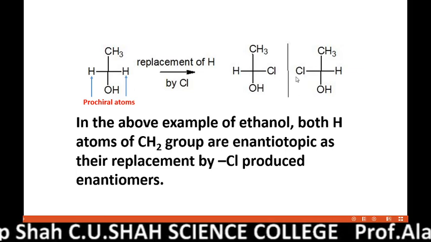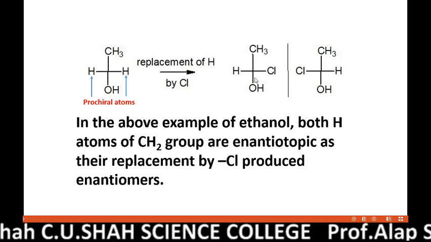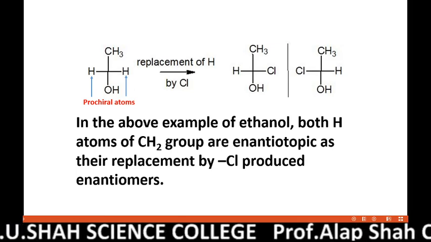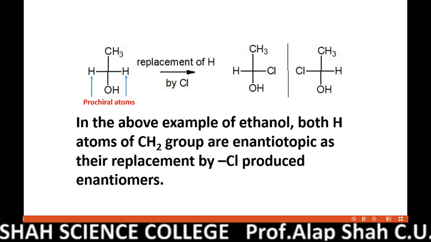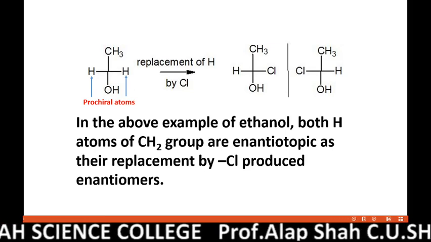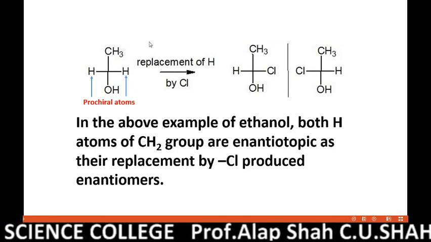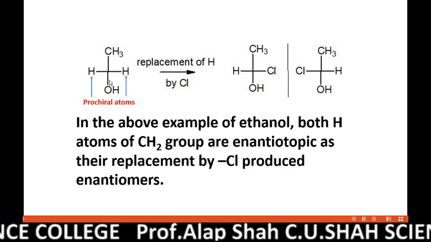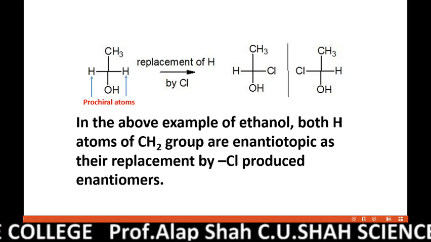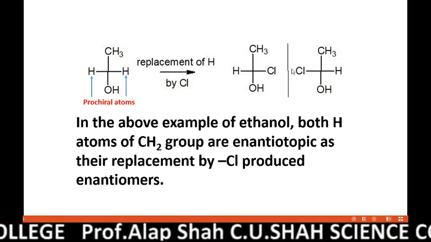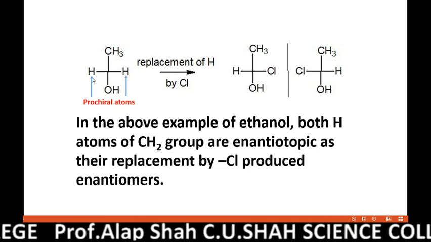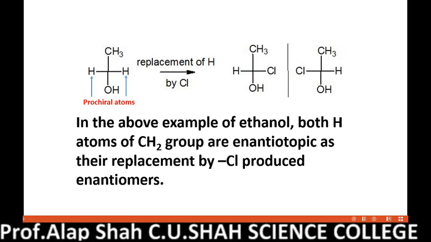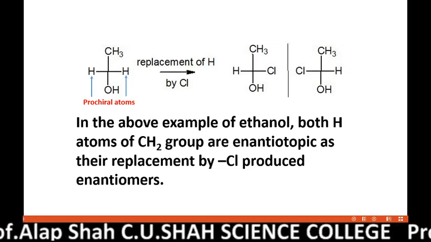Now these resultant isomers are asymmetric, as well as enantiomers of each other, as they have mirror image like structures. Moreover, they are not superimposable over each other. So these original groups, which themselves are not asymmetric or chiral, but whose replacement by some common group gives rise to enantiomers, are called enantiotopic protons, or enantiotopic atoms.